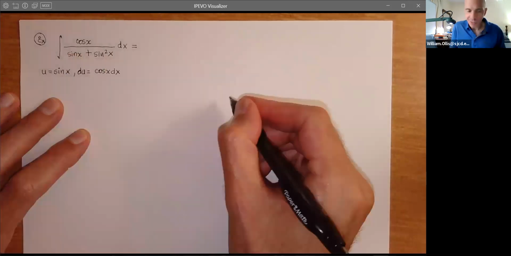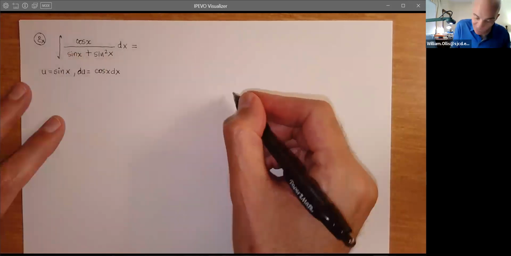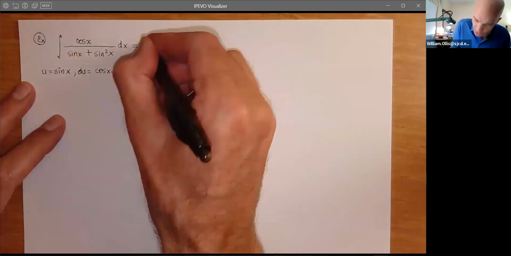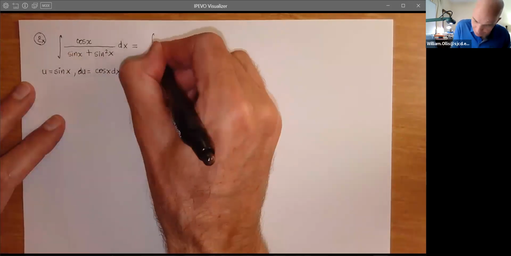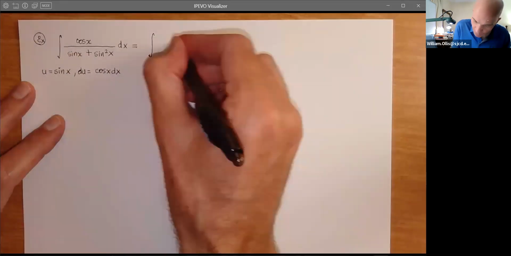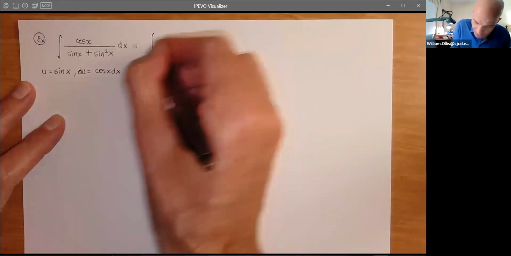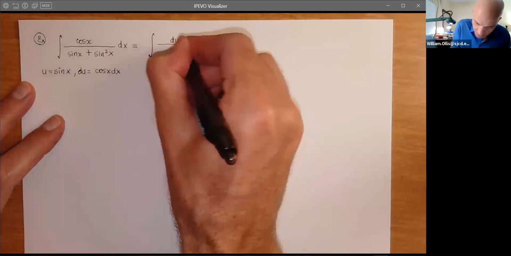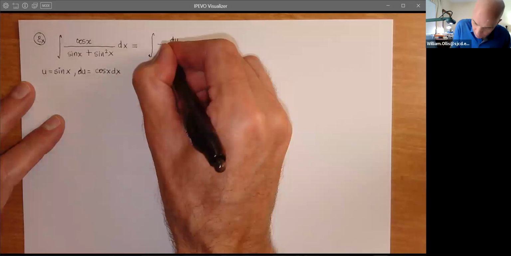Well, lo and behold, let's see that we've got everything we need. Let me write it this way. Cosine x dx is du. And then we have u plus u squared.